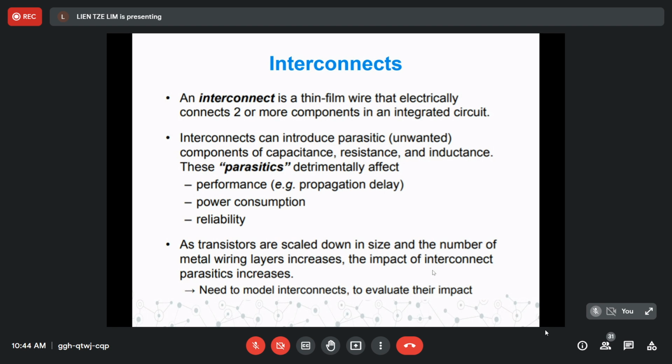Will that affect the power consumption and reliability of the chip? Why do we have to consider this? Because of these parasitics, which will increase.